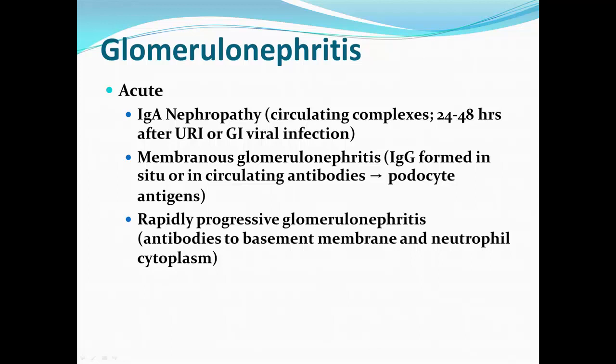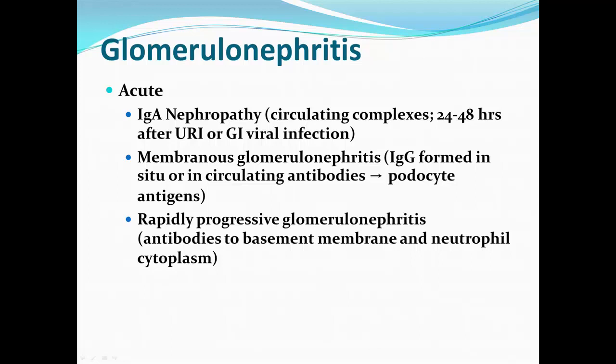So let's look more closely at some specific pathologies. Remember, I mentioned that glomerulonephritis can be acute or it can be chronic, and I've pulled out three to take a look at. The first is IgA nephropathy. With an IgA nephropathy, this is a proliferative glomerular injury and sclerosis.